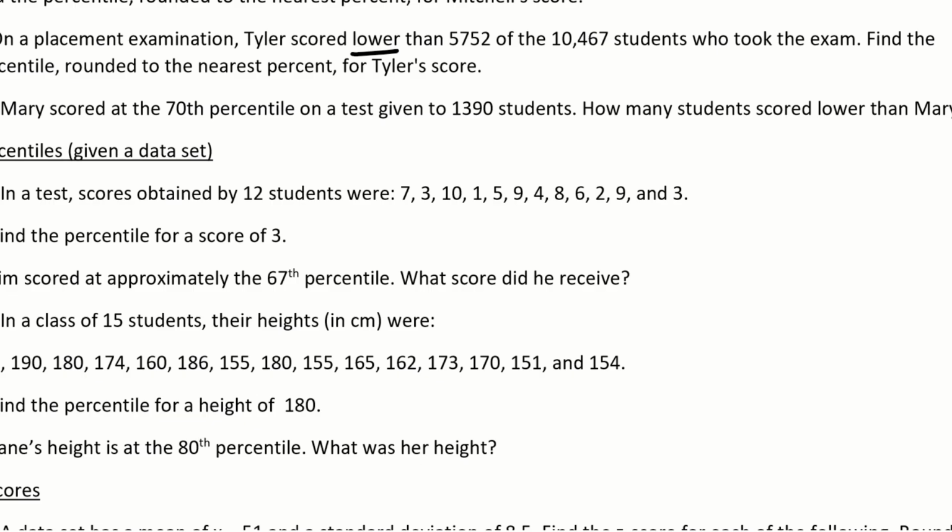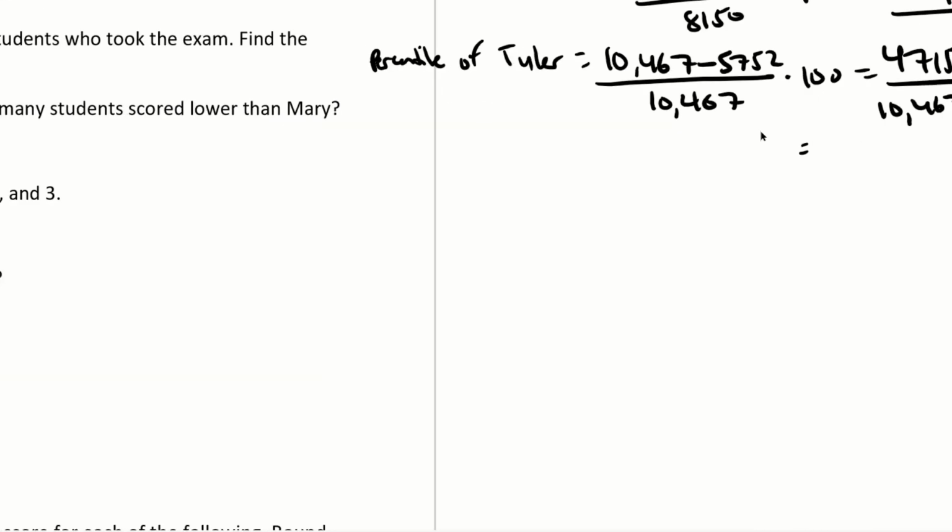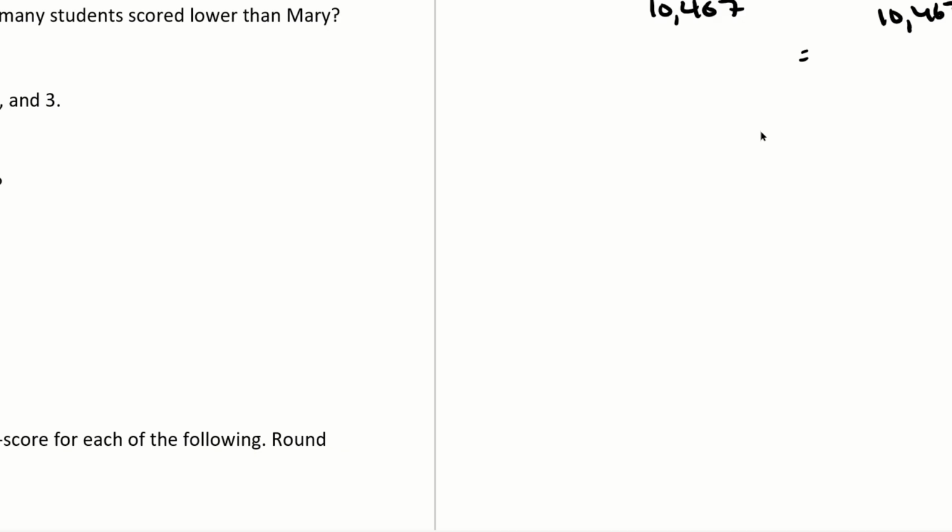Okay, so this time we're given the percentile and we want to know how many scored lower than Mary. So we know that percentile equals the number of values less than x, and x is going to be Mary's score. This is what we want, the number of values less than Mary, divided by n times 100.